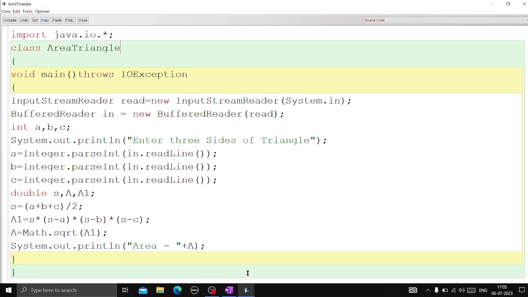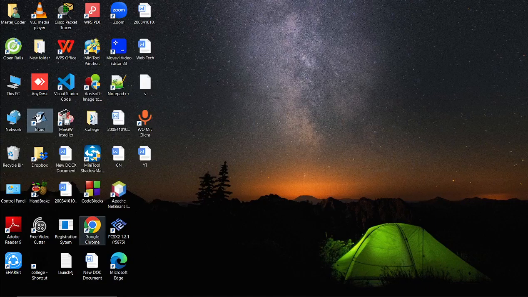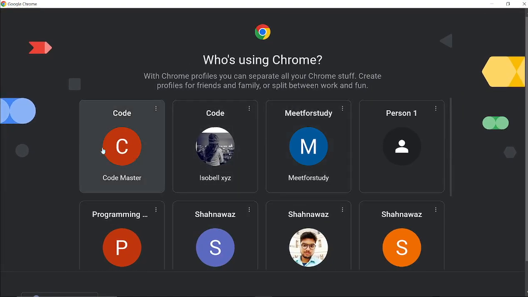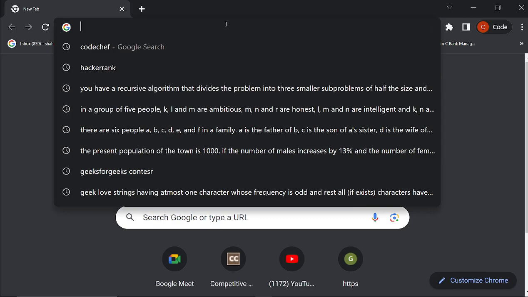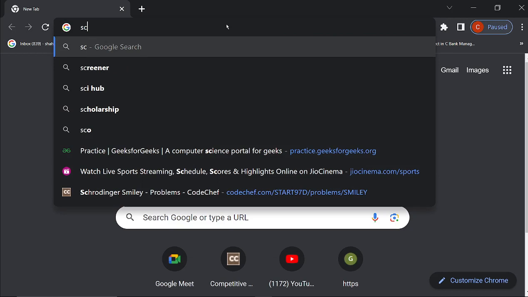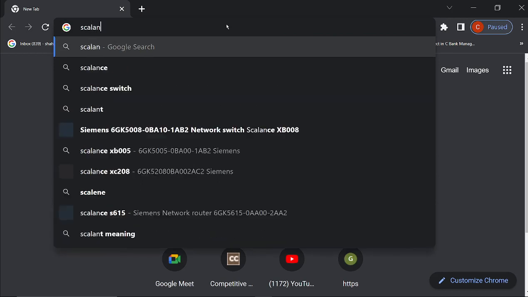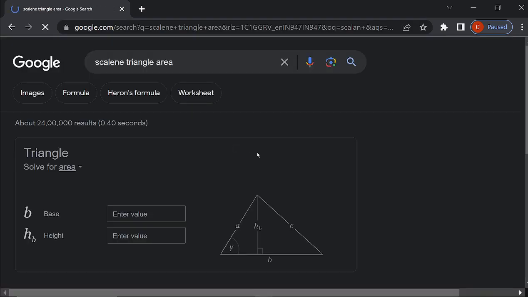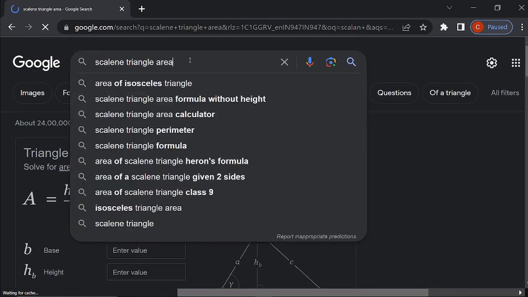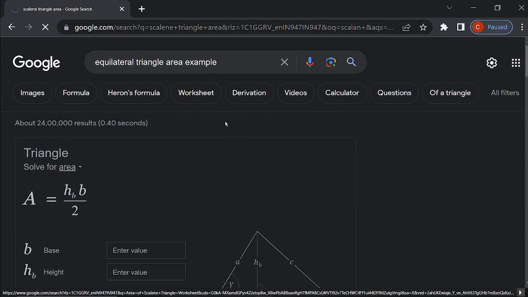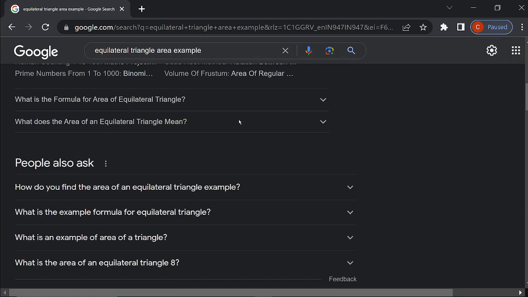So if I take some input from the internet, scalene triangle area, if I take an example for this area, see, this is not an area example.